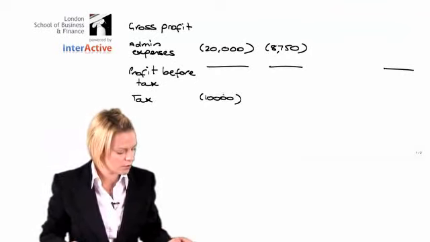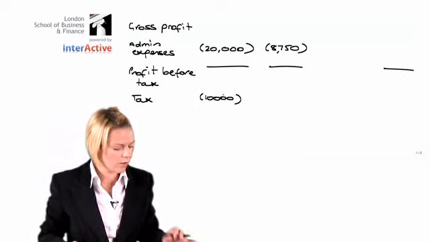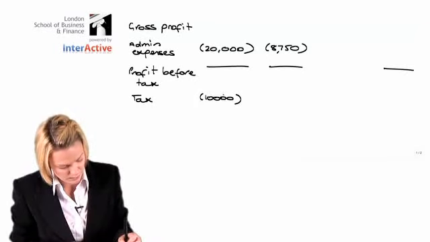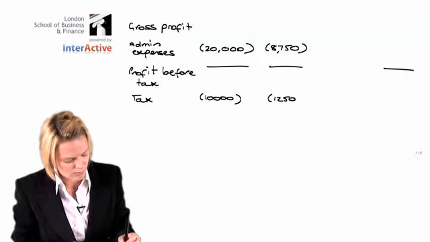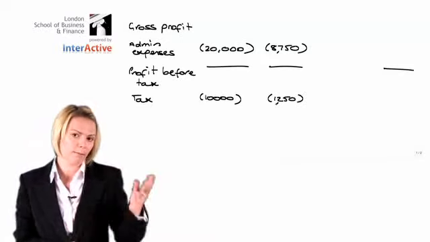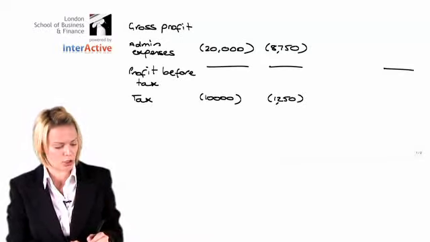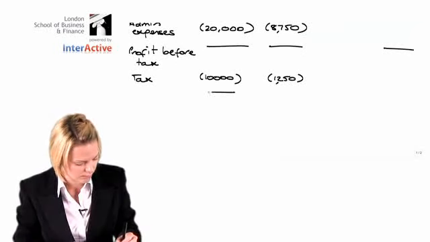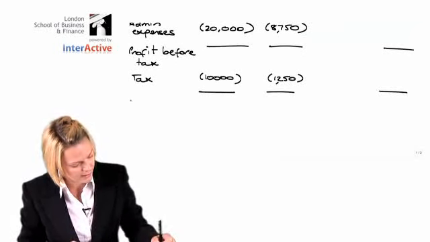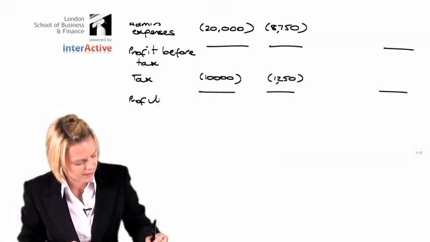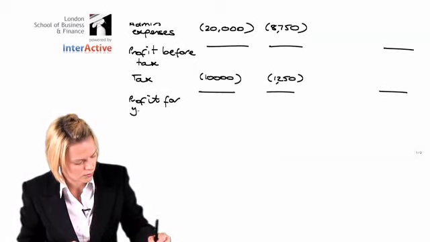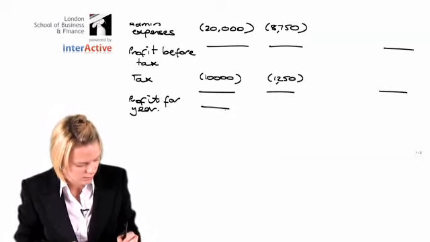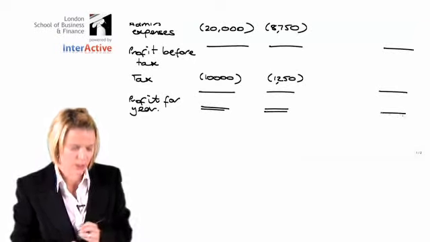Parent plus 3/12 of the subsidiary. 1,250. Remember, I'm not adding across just yet until I'm done. That's going to give me profit for the year, parent, sub, and group.